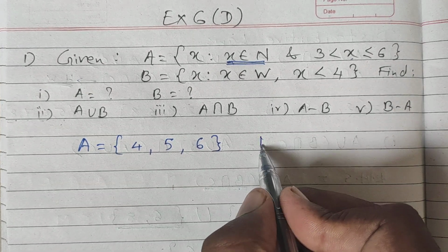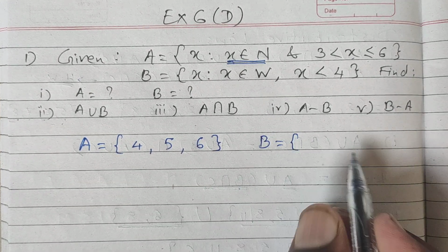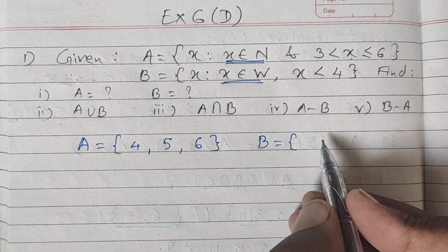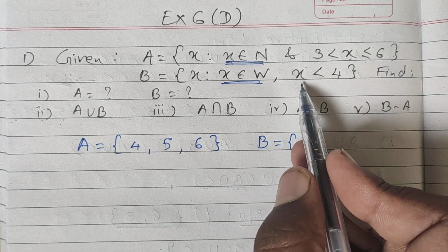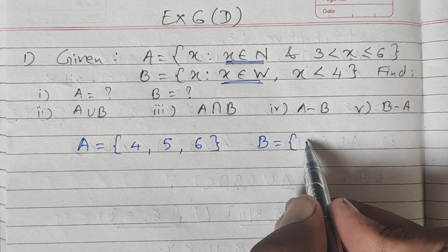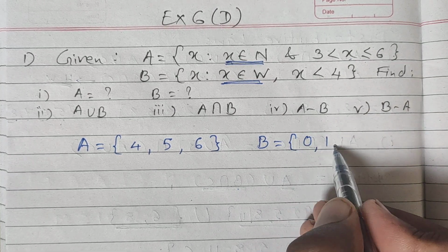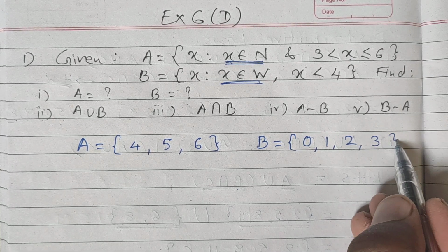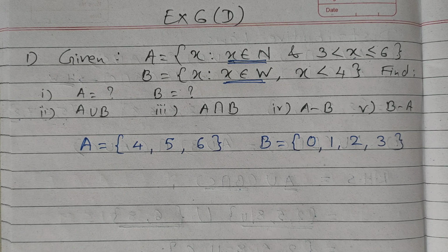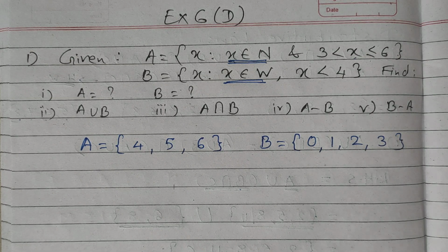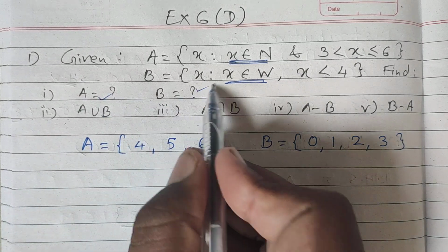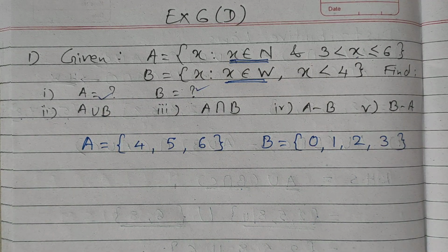Similarly, write the B set. X such that X belongs to the whole numbers. Whole numbers means we'll start from 0, and X is less than 4. So it will be 0, 1, 2, 3. Correct? This is our B set. Now, the first part we have done. A and B we have calculated already.